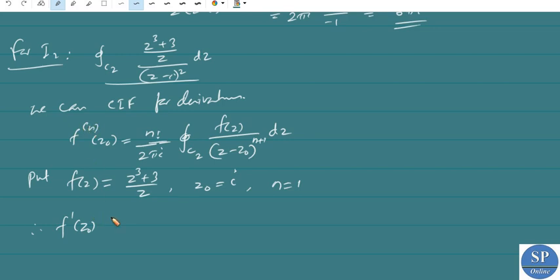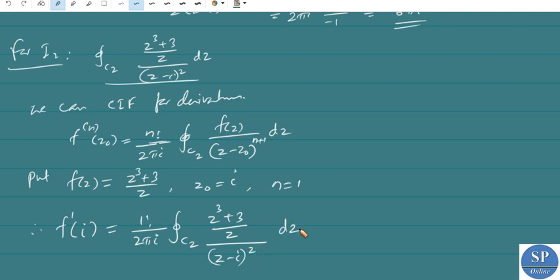So we have f dash of z naught, where z naught is i, equal to n factorial, that is 1 factorial, divided by 2 pi i into integral over C2 of f of z, which is (z cube plus 3) divided by z, whole divided by (z minus z naught) power n plus 1, that is (z minus i) power 2, dz.